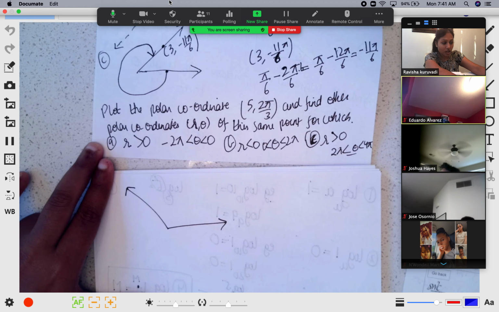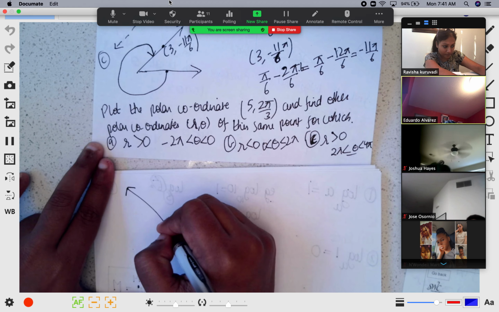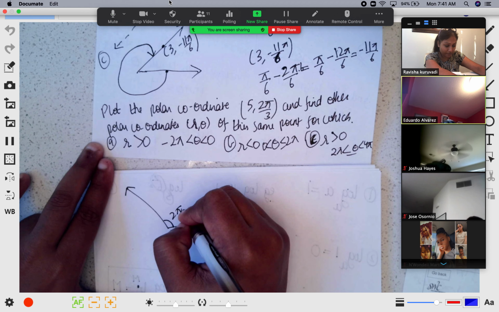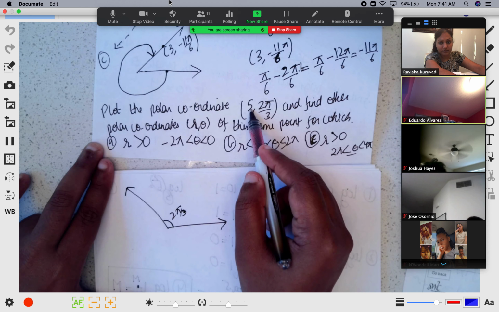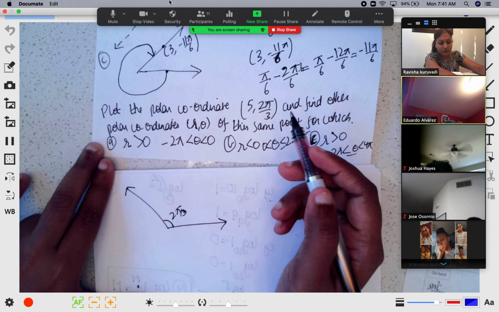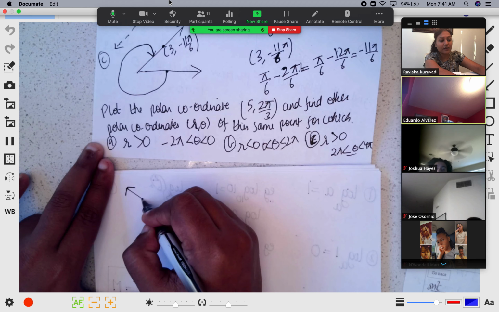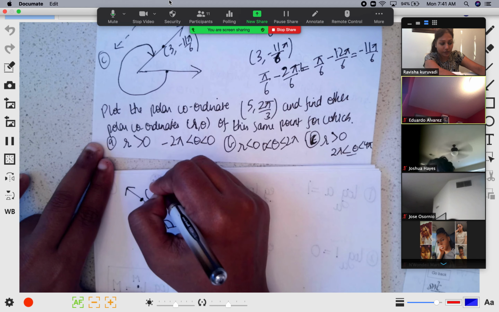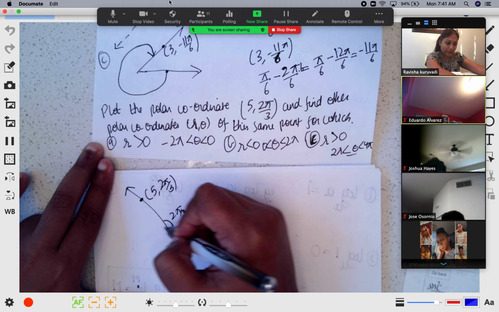How do I get this 5? You just put the dot on the end, just 5 units. So you go 5 units on this line, and it becomes (5, 2 pi over 3).